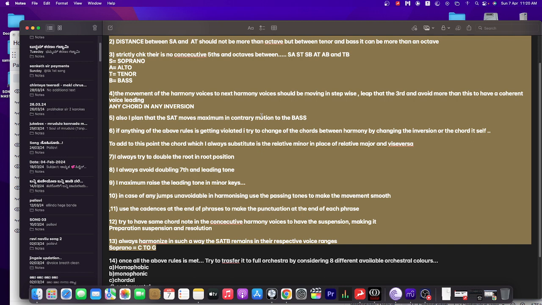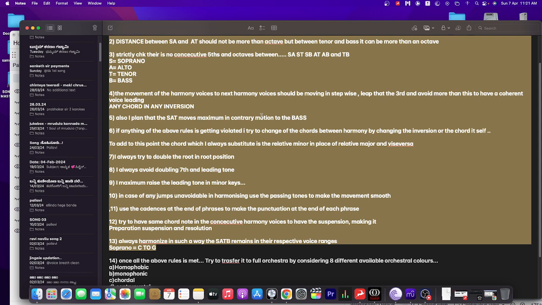Every family, string, woodwind, brass, has a soprano range instrument, alto range instrument, tenor range instrument, and bass range instrument. So you can straight away transfer these four parts into those, and with the accents and your varied creativity, you can get a very good lush orchestration. You can get many things, and how to improve means keep on doing.